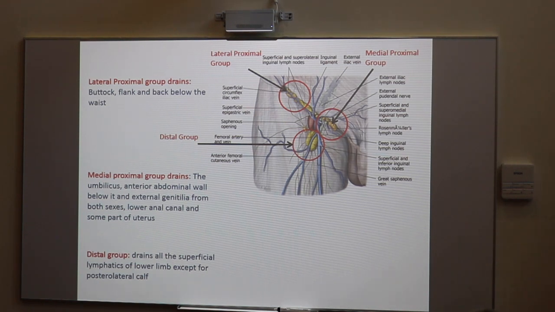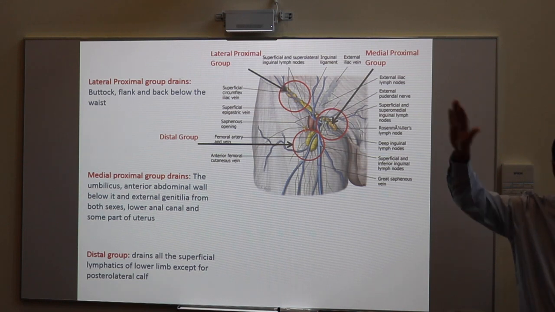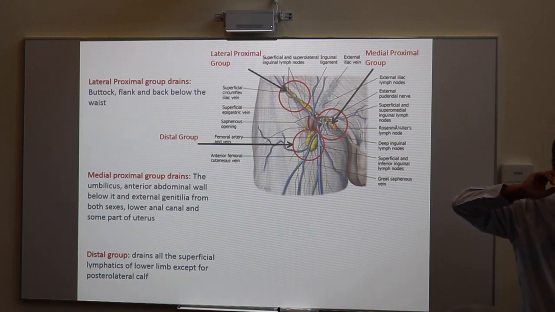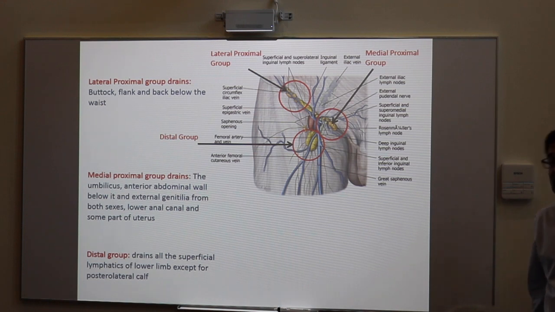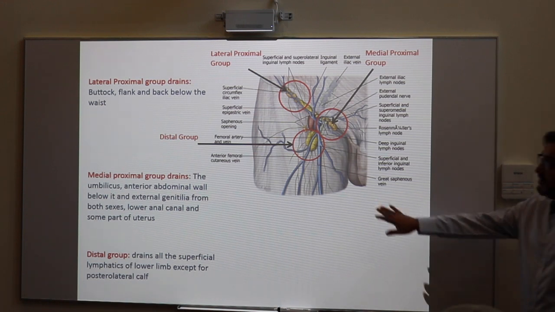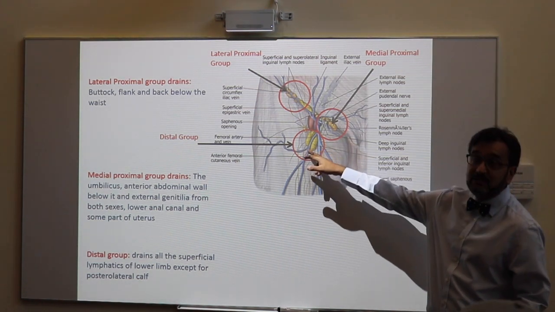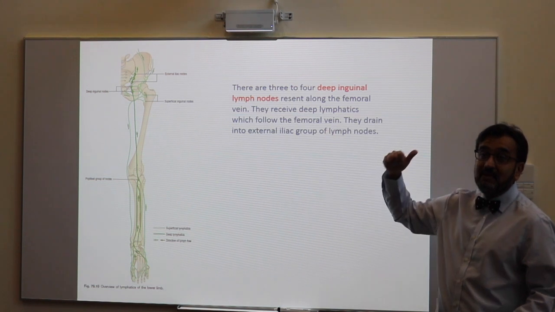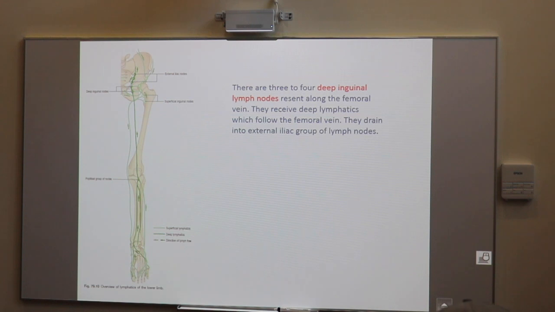That is going to drain into the deep inguinal group of lymph nodes, which is traveling with the deep vessels. The lymphatics from the deep part are traveling with the deep vessels. So the posterior lateral calf is going to drain into the deep inguinal lymph nodes. But the rest of the skin over the lower limb is going to go to the distal group. The medial group is mainly responsible for the skin below the umbilicus on the anterior abdominal wall, the external genitalia, the anal canal, and the uterus.